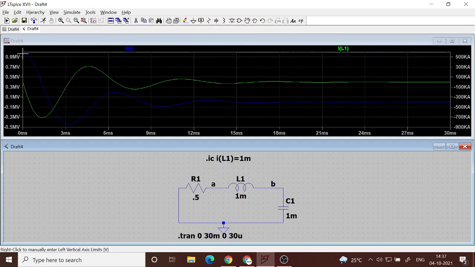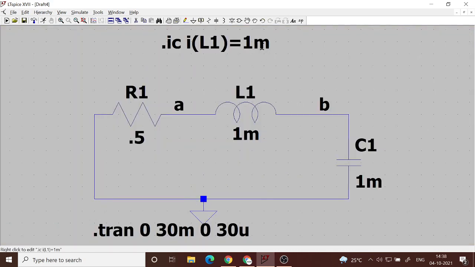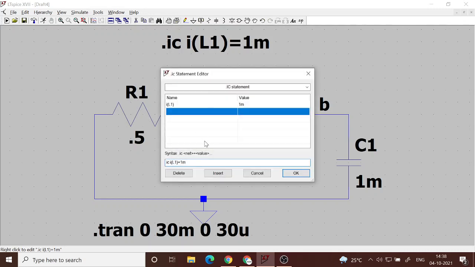It's in megavolts. So I think our initial condition is quite a big current. Let me just reduce it to say 1 micro.